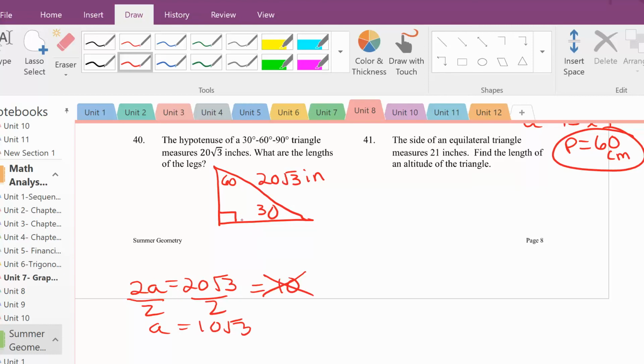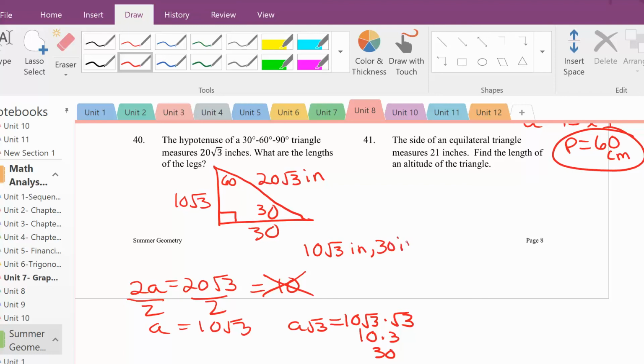So that means one of them is 10 rad 3, and then a rad 3 would be 10 rad 3 times rad 3. 10 times 3 gives you 30. So the legs are 10 rad 3 inches and 30 inches.